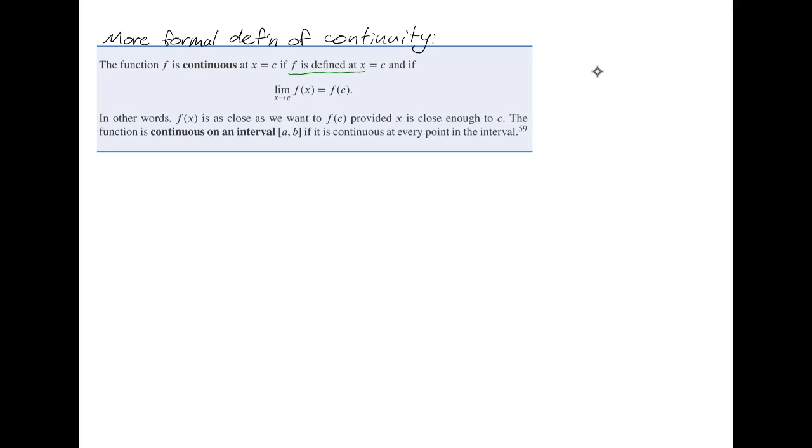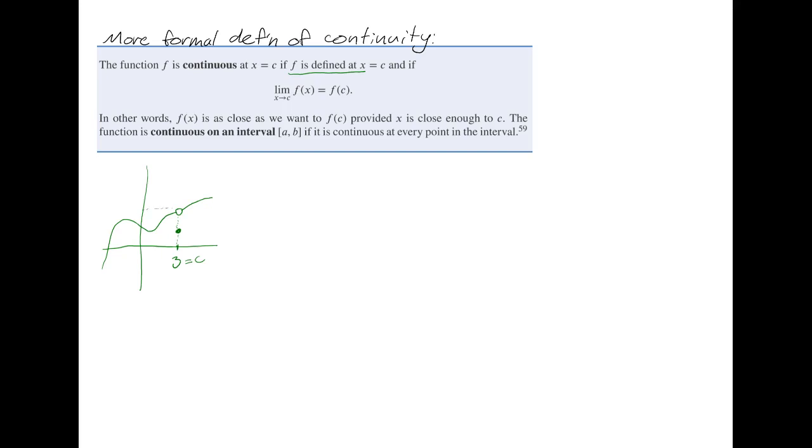Let's think about what makes something discontinuous. Either the limit as x approaches c of f of x is not equal to f of c, or maybe f of c is undefined but the limit exists. There are a few different ways that might not work. One way is if you have a weird function that is almost continuous, but has a little hole at c equals 3, and then if you actually plug in 3, the result is something different.